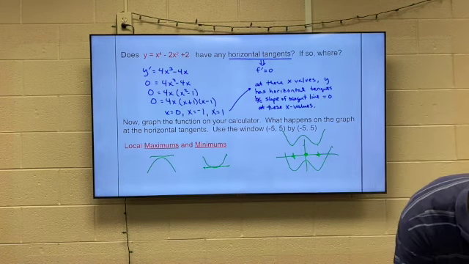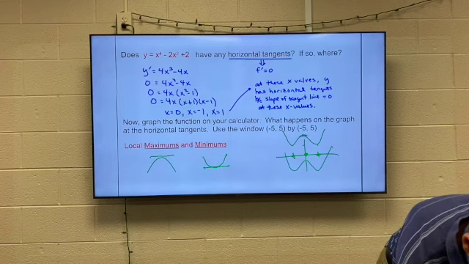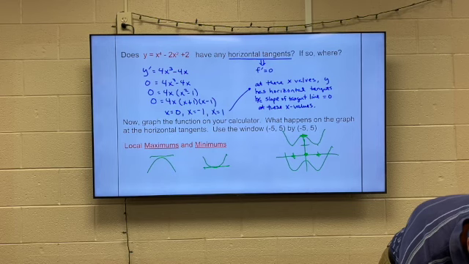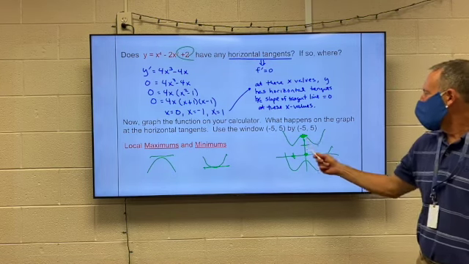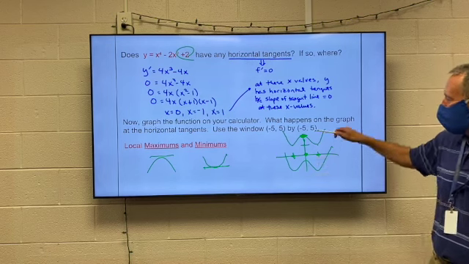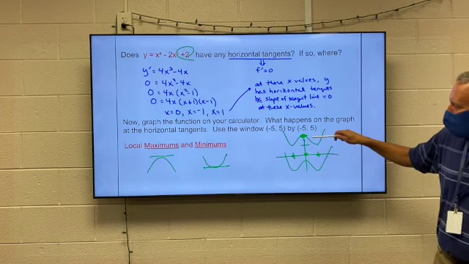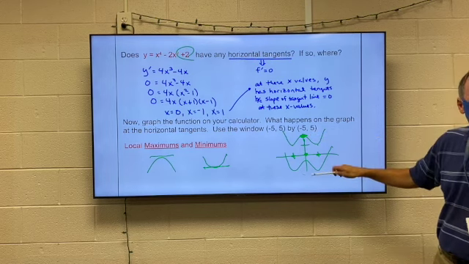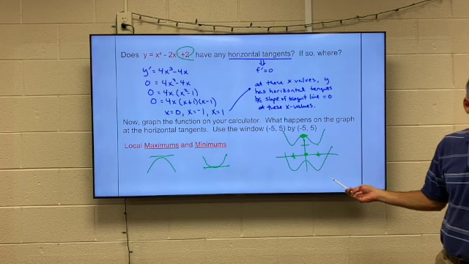I guess I could figure out that it does have a y-intercept of 2, doesn't it? So this one might be a good case right here. I'll just call that 1, 2. So since I know the y-intercept is 2, that would be a better model. But I do want you to see that it doesn't matter when you have a function. Do you realize that if you have a vertical shift to a function, it's not going to change the derivatives at all? Why would that be?